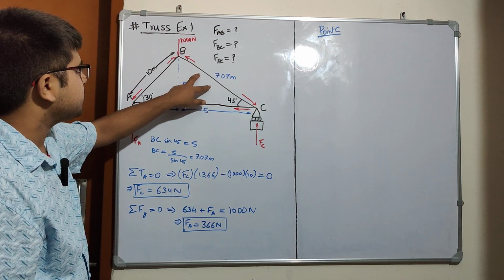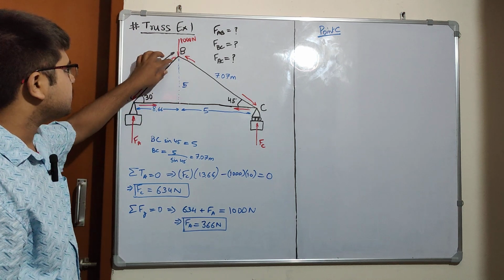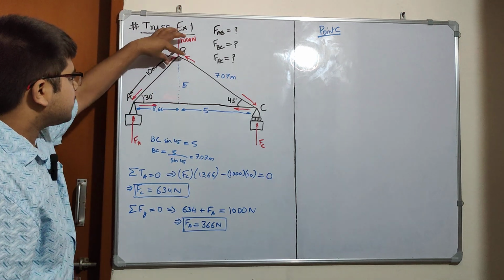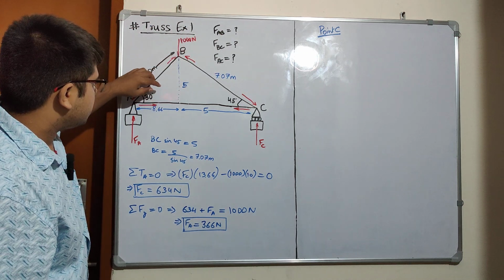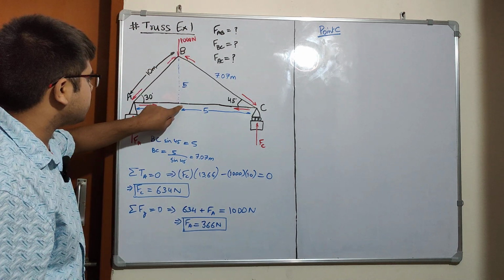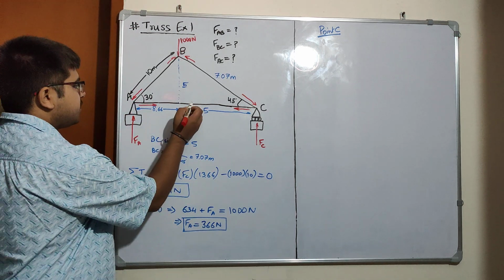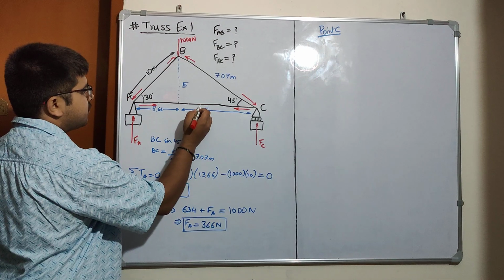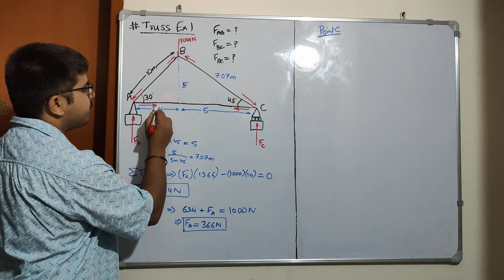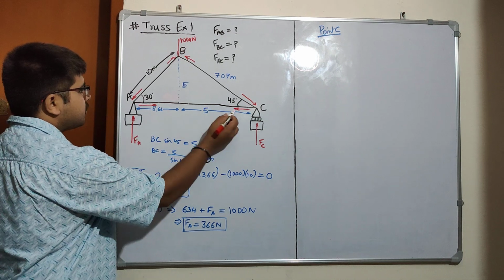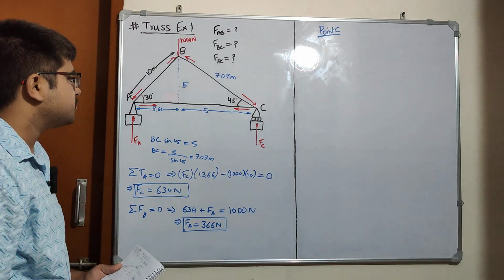So this member is in tension. Similarly, this member is in tension, and since these two members are pushing it down, the external forces are trying to make this member longer, trying to expand this member. So the internal force in this member would be in the inside direction. That's how the internal forces work.